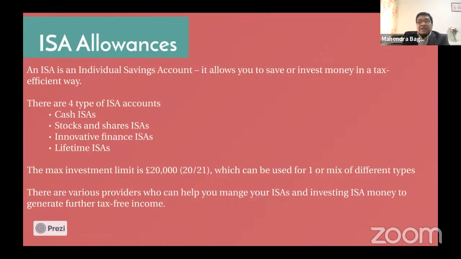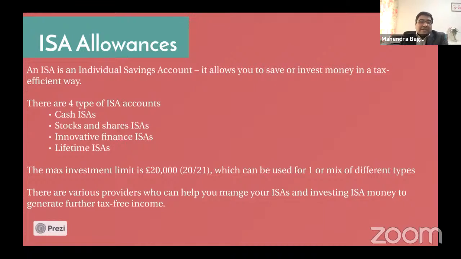It gives an opportunity to every individual in the UK to save their earned income, which you already paid the tax on, in an ISA account, and any income generated from that saving becomes tax free. Once you withdraw out of it and then you generate any further income, that is taxable. So as far as the initial savings are sitting in the ISA account, the income is tax free.